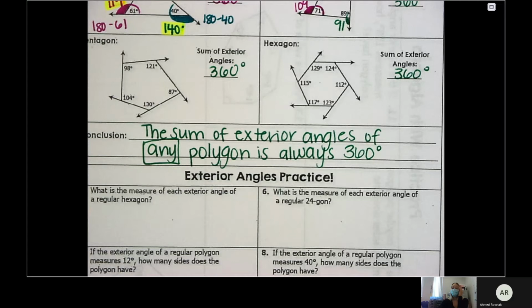The sum of exterior angles of any polygon is always 360 degrees. So it does not matter the shape of the polygon. It will always be 360 degrees.